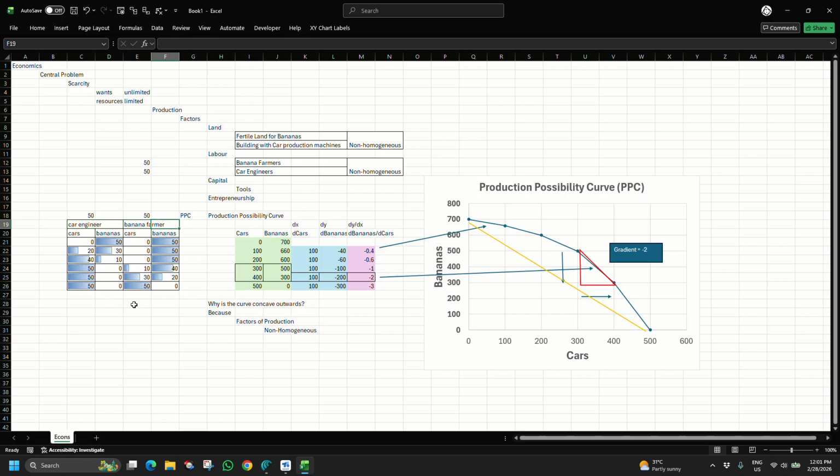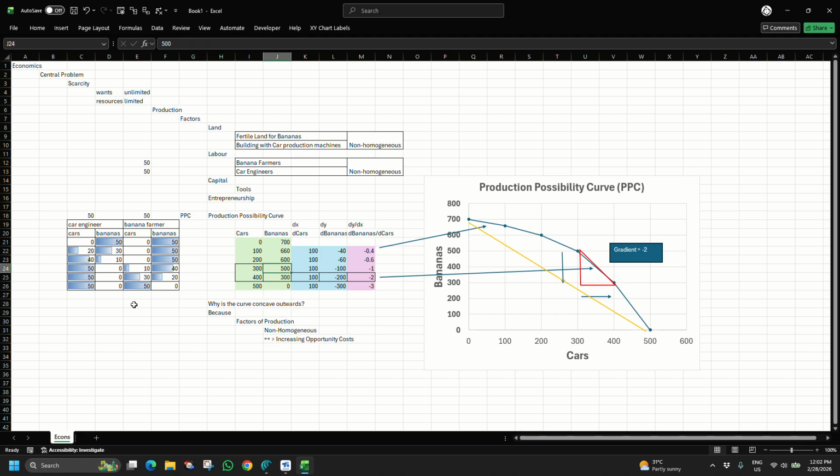So they are more specialized in making bananas, and they're not so specialized in making cars. So you need more of them. So the opportunity cost is increasing, right? So because of non-homogeneous factors of production, this causes increasing opportunity costs when reallocating labor, for example.